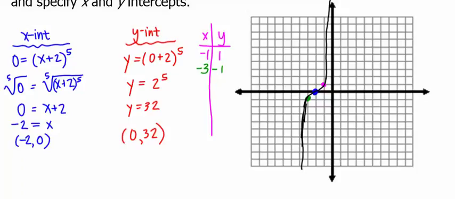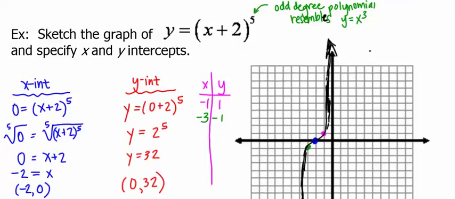This graph is really falling pretty steeply, and on the right, it's rising pretty steeply. And that's what polynomial functions do. Their ends fall steeply and rise steeply. This graph indeed resembles y equals x cubed.